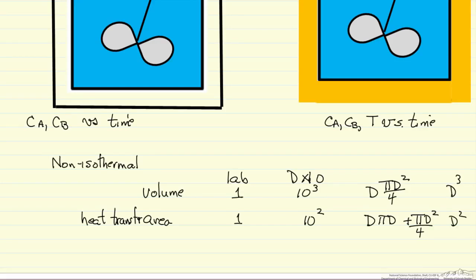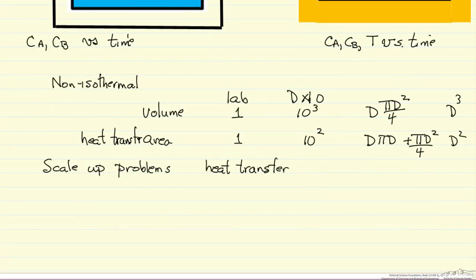And so there are a number of issues then when we try and scale up. We just discussed that heat transfer can be more difficult because the volume goes up much faster than the area for heat transfer. Mixing can be more difficult on the larger scale.